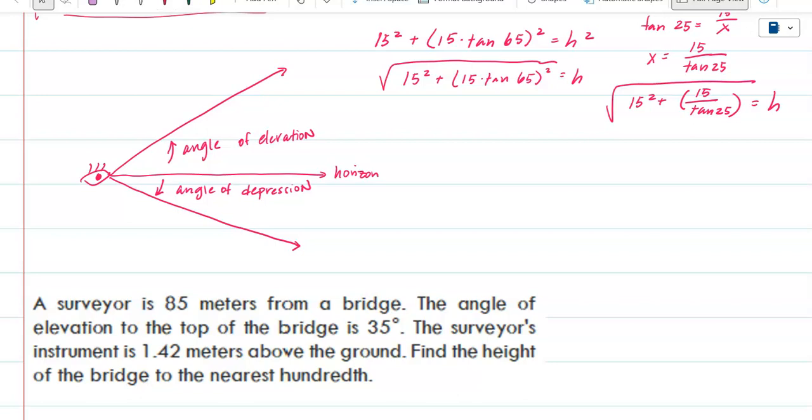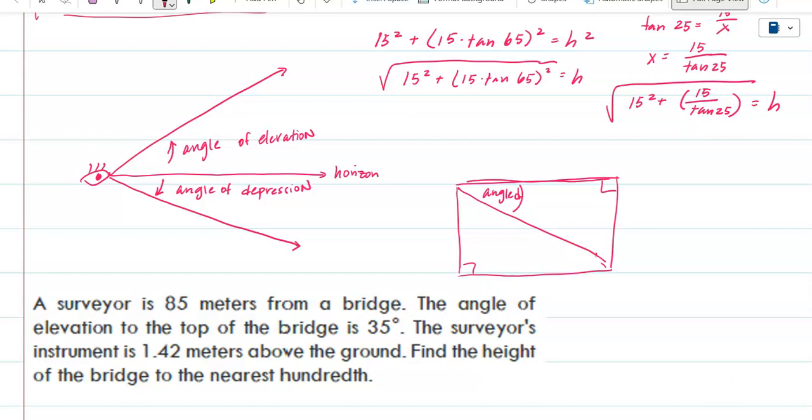Now, one of the things that you may not know, if I draw a right triangle with the angle of depression right here, and if I draw another triangle, just like that, and I create a rectangle.